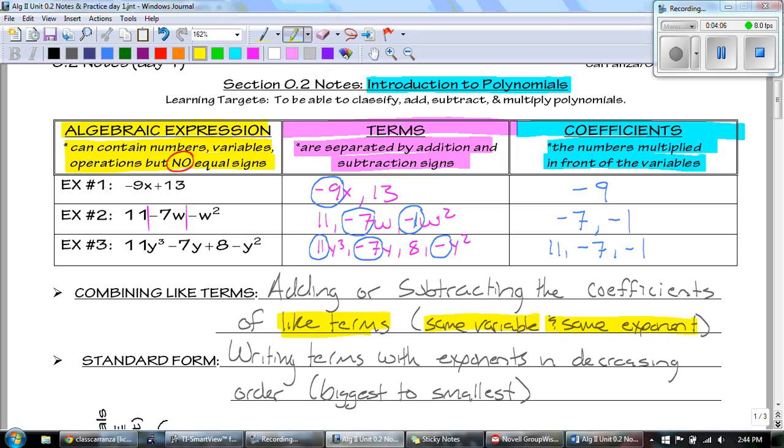So that's where we really have to pay attention to those coefficients. Now, standard form is writing terms with exponents in decreasing order. Decreasing order means biggest to smallest. If you need more time, please pause the video so you can copy those down.